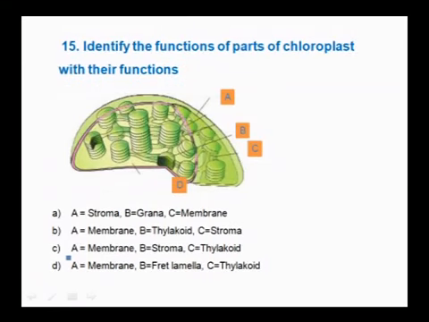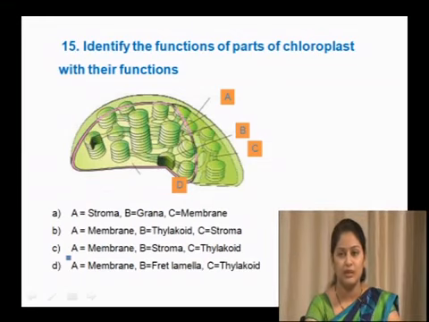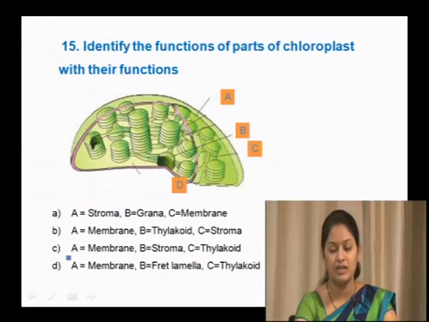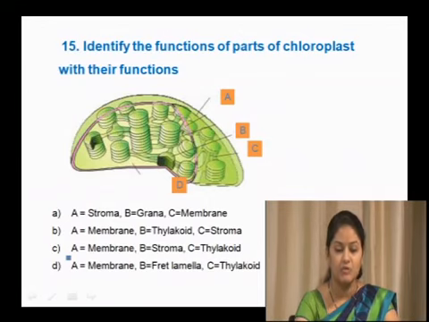The next question is regarding the structure of the chloroplast. Identify the functions of the part. Actually, it should be the labeling given there. The labels are A, B, C and D. Label A indicates the membrane.